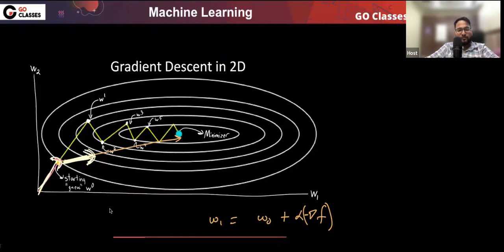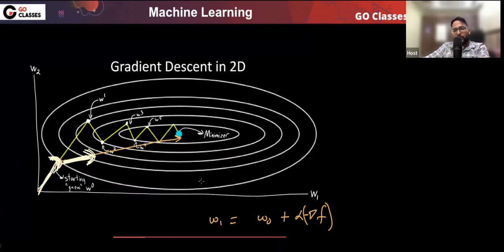See, W naught is this vector. Do you all agree? And your negative gradient will be something like this. So you will be adding W naught plus alpha into your negative gradient.